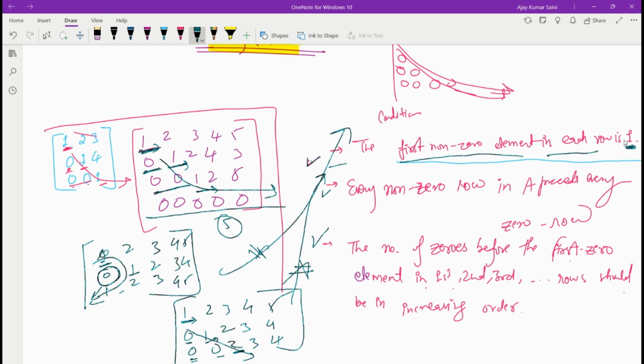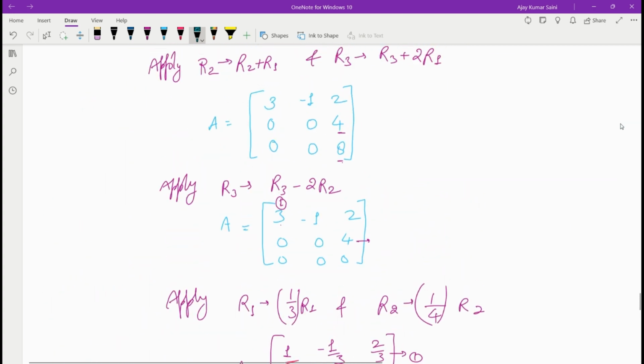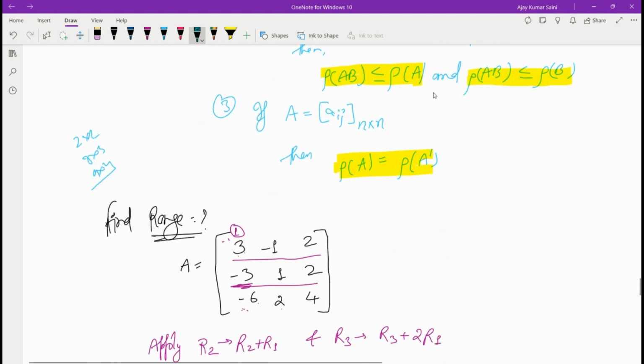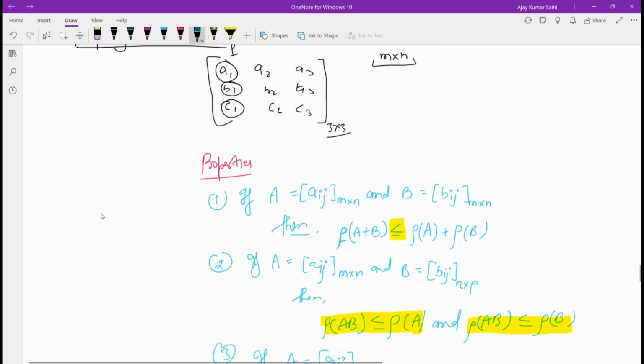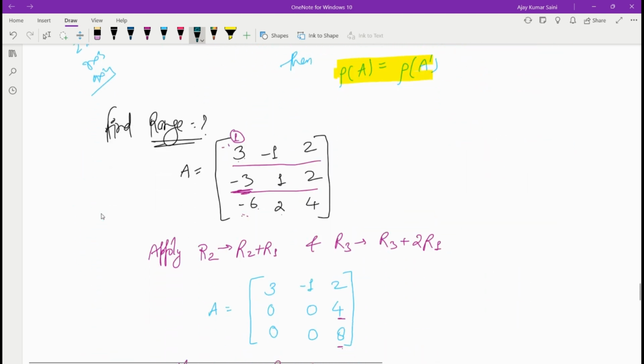So I hope you understand this term. This term helps when we find the rank. So I hope you can understand this. In the next video I start with eigenvalues.